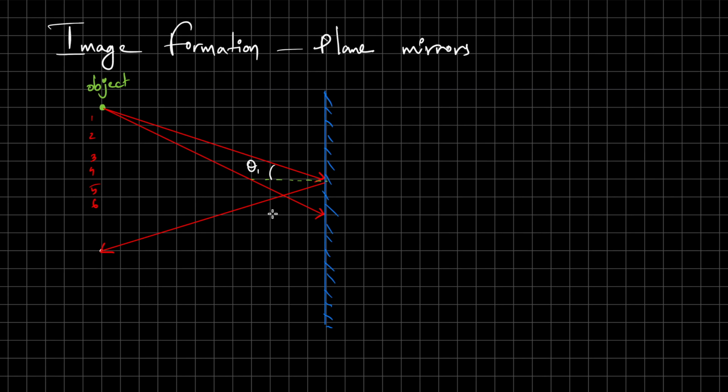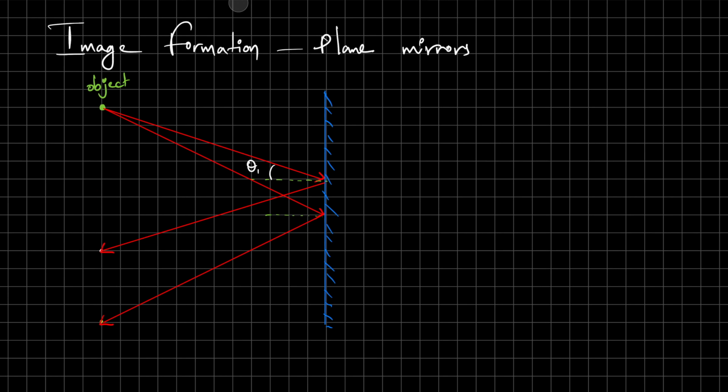Draw the normal. The reflected ray should be 6 squares down as well. So 1, 2, 3, 4, 5, 6 here. So let's draw the second reflected ray. I'm going to delete all these numbers. Now we have two reflected rays.